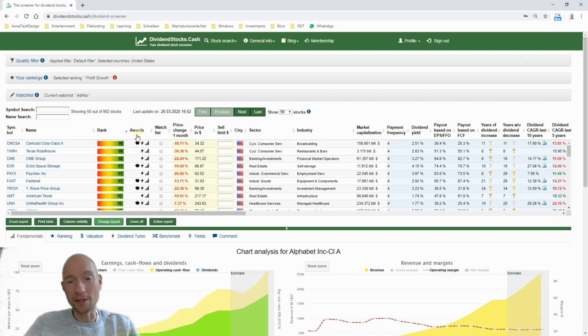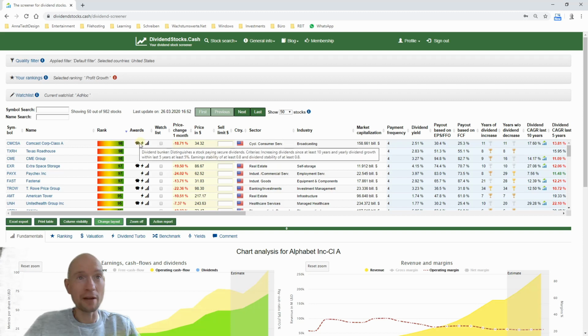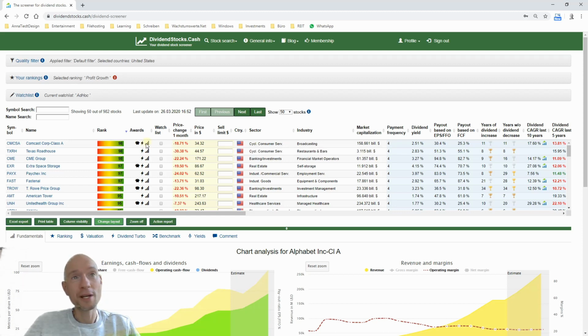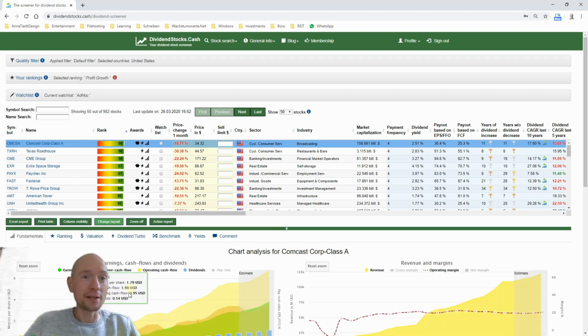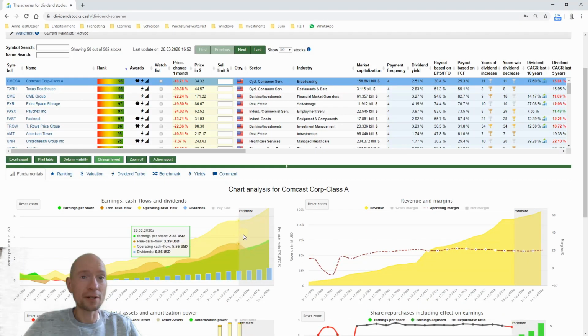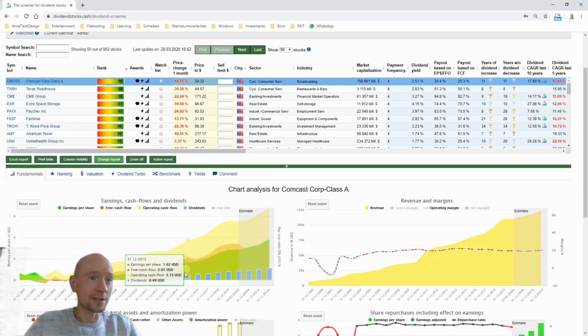This means that the companies shine either by earnings or by dividend growth metrics. You can always look at the detail here using the tooltip. So Comcast, for example, if we select the stock, you should also see very nice increases in cash flows and earnings, at least since 2004.